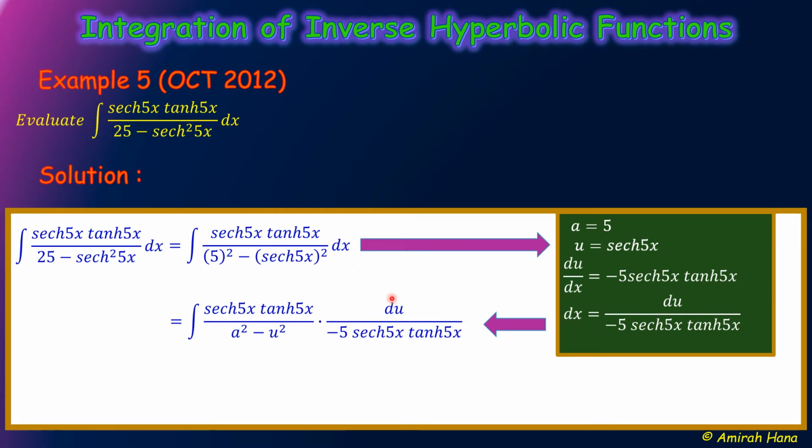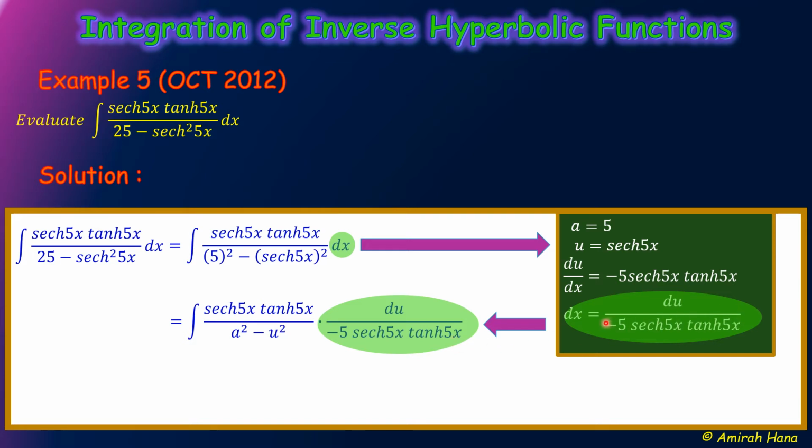The step is we replace 5 by a, replace sec 5x by u, and replace dx by du over negative 5 sec 5x tan 5x.